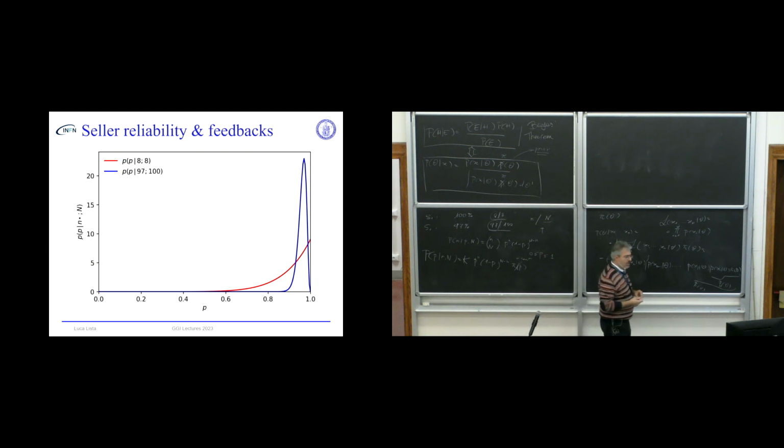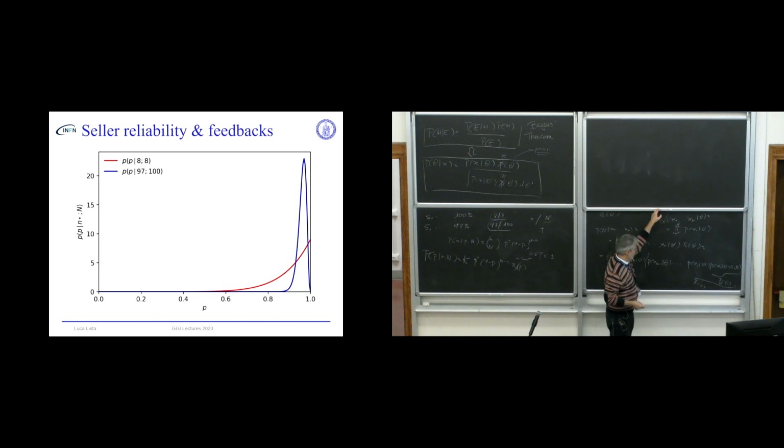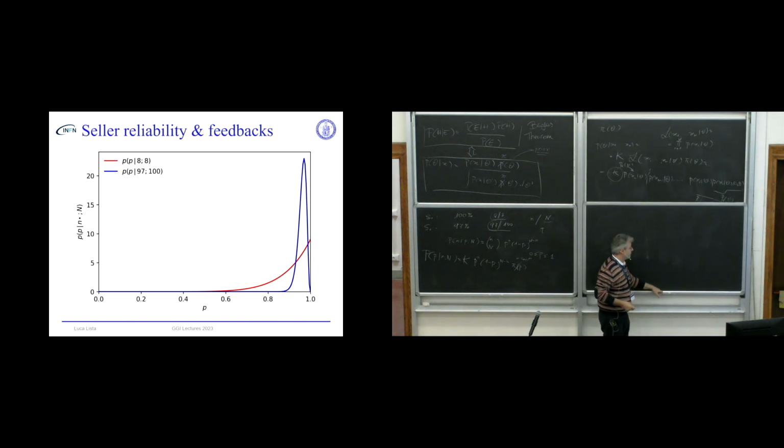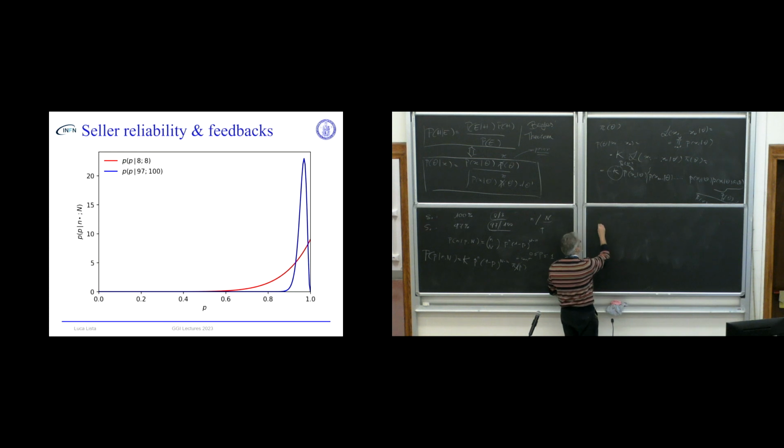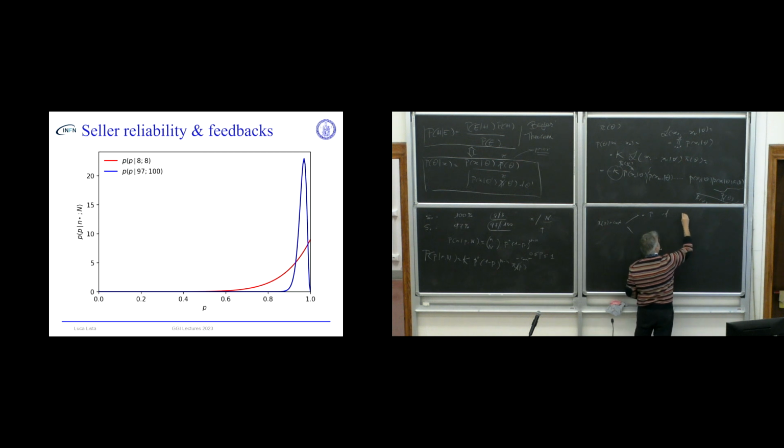And now let's see how this can apply here. So we start from pi of p, which is a constant. Then this should be multiplied by p if the feedback is positive.